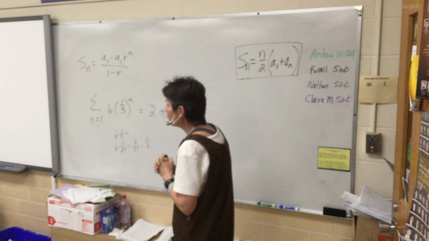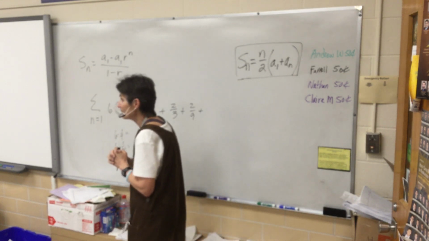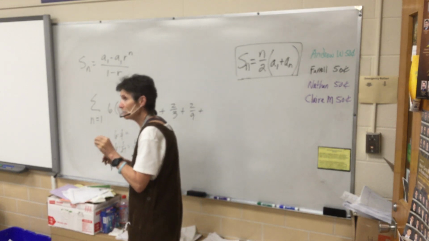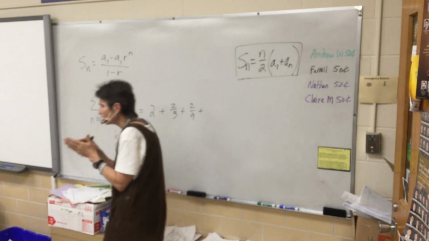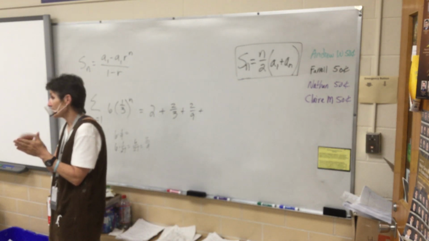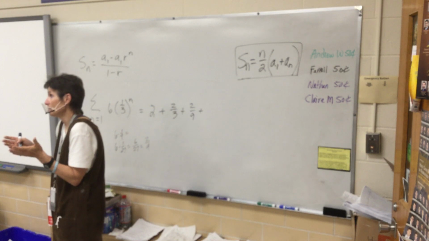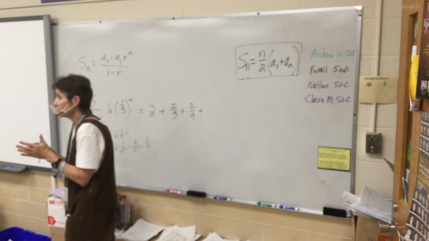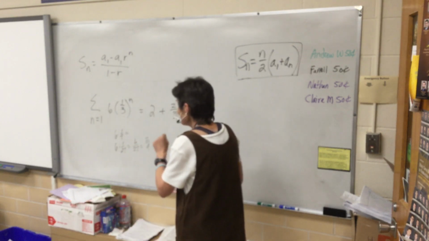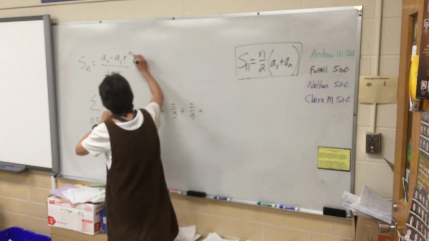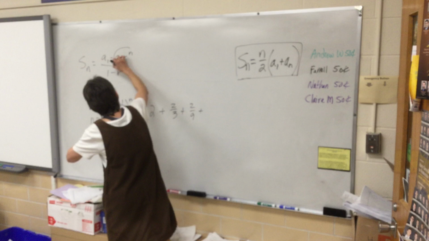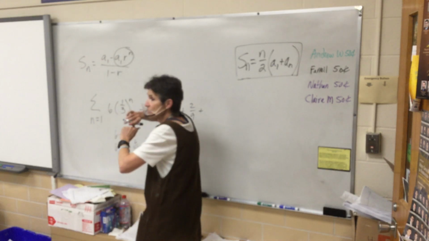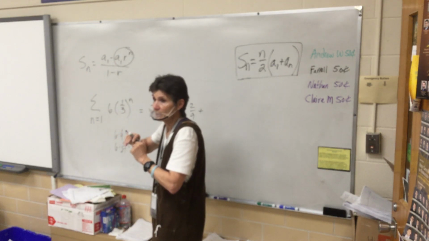And if you go big enough, you'll never actually be 0, but you will be so close to 0 that when the calculator rounds off, it'll be like 0. It's going to get so very small. So what I'm trying to get you to see is this term right here is going to go to 0.